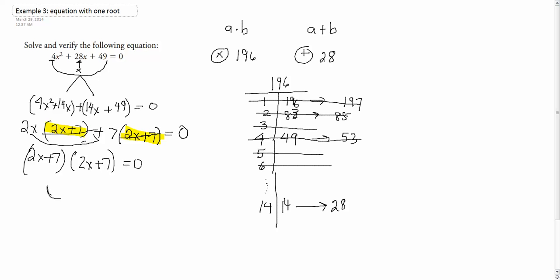Notice that our two factors are identical. When they're identical, this means that we have only one root.